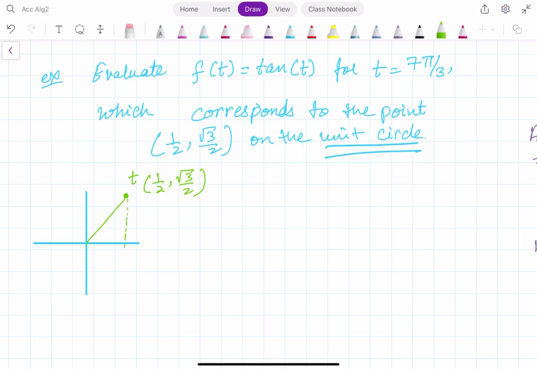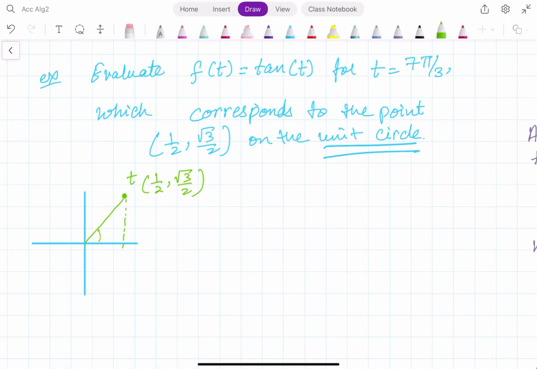And if I construct a right triangle, that's how it will look. So radical 3 over 2 is the y-coordinate and 1/2 is the x-coordinate, because tangent is sine over cos, or y over x.